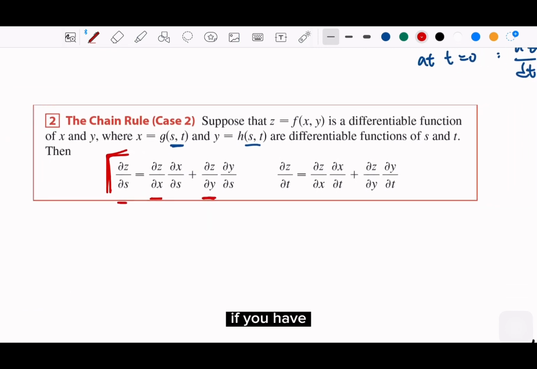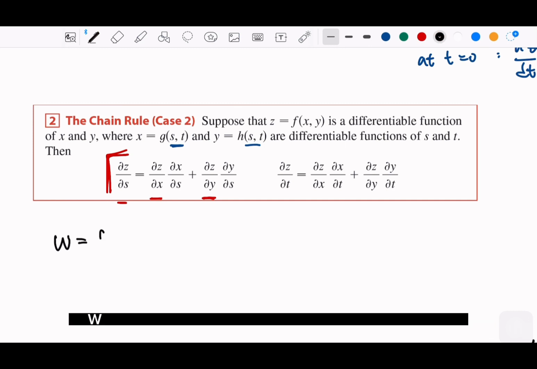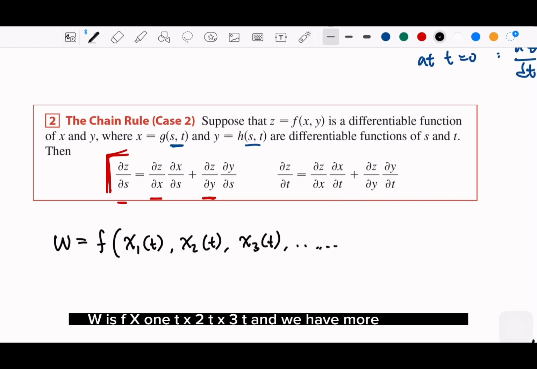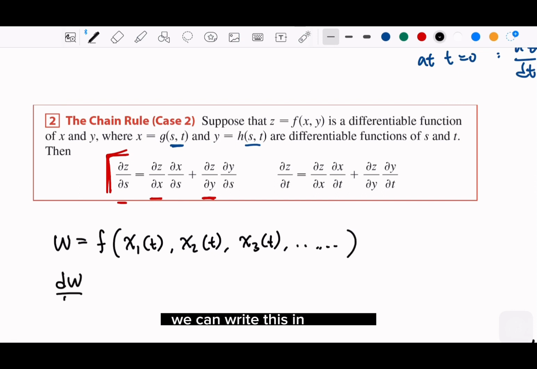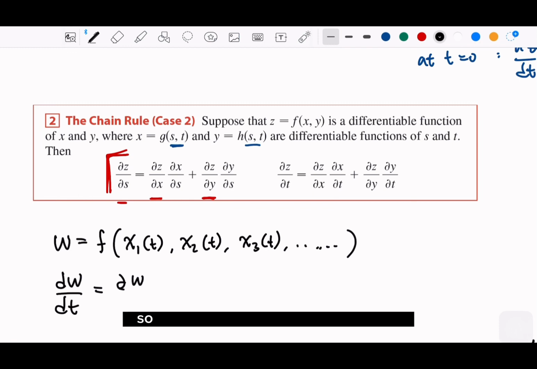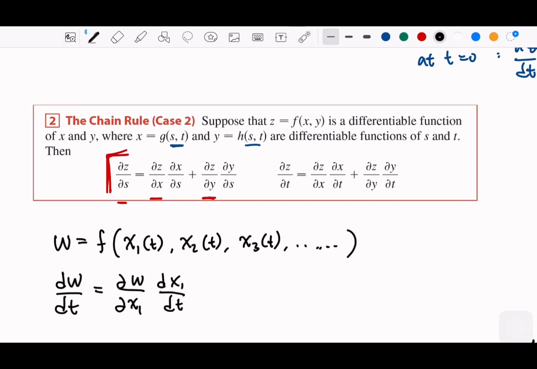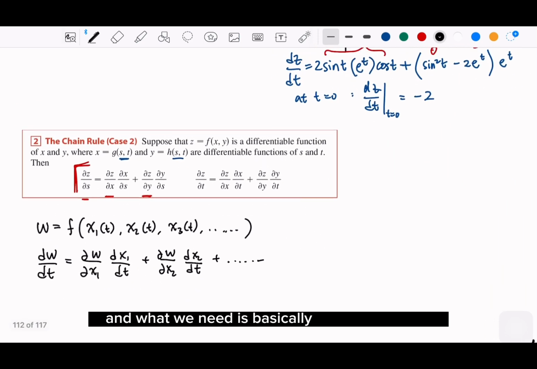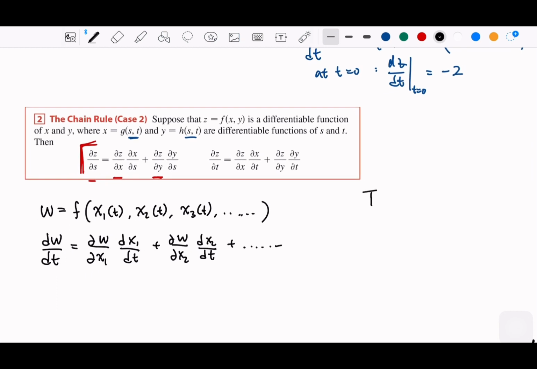For example, if you have w is f of x1 of t, x2 of t, x3 of t, and we have more and more, and this is just one single variable t, we can write it like this. And what we need is basically a tree diagram.